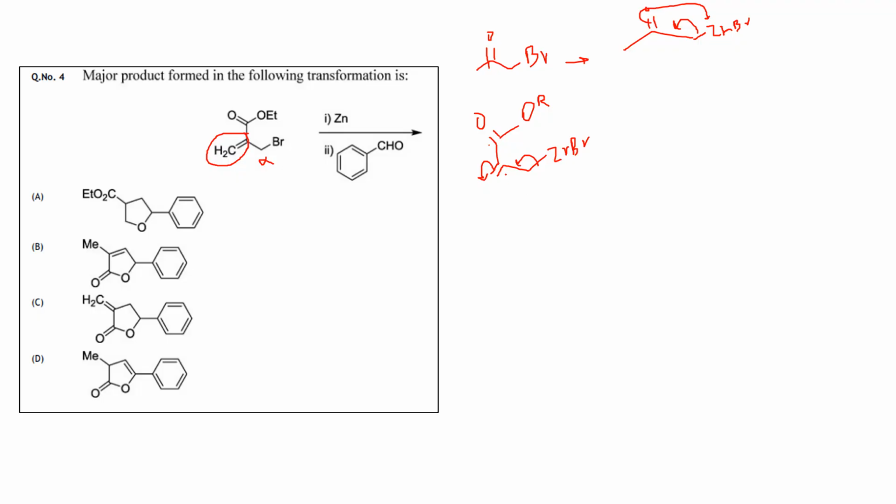So this will form. After that, you have an idea that in the case of Reformatsky reagents, the center which gets the zinc bromine will attack the aldehyde.